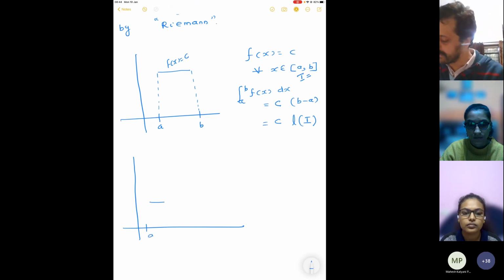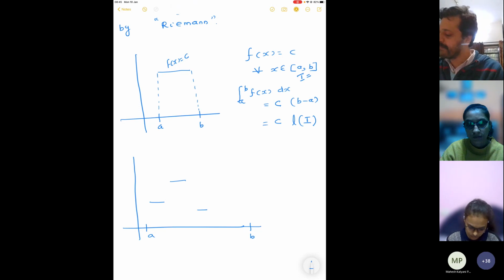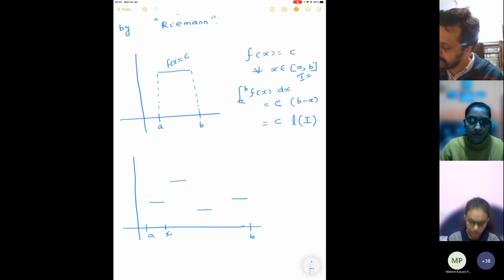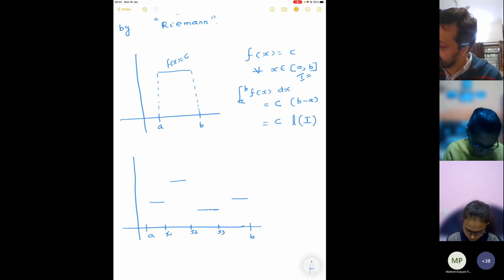So the total interval is [a, b]. That can be subdivided into a finite number of parts, and in those parts, f(x) has constant density. Let us say this is some point x1, this is some point x2, and this is x3 and so on.